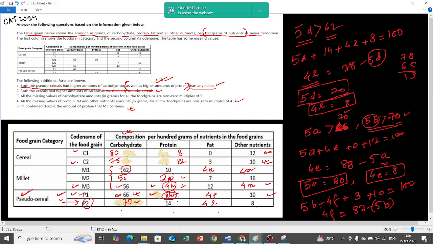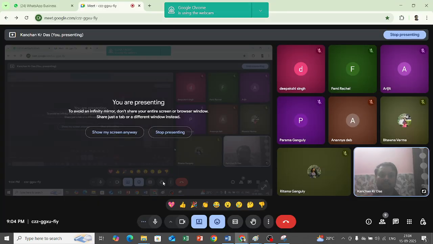So now see, in the pseudo cereal part, we don't know what is the value of 8H, but we know this particular value 14. In the millet we have three values of protein, 10, 4G and 4H, right?